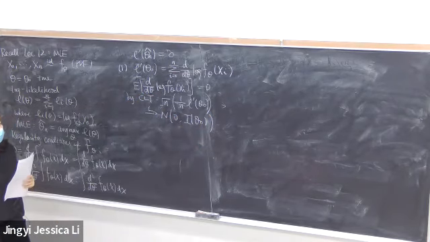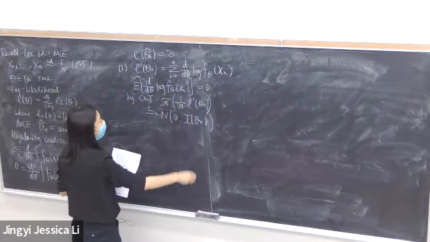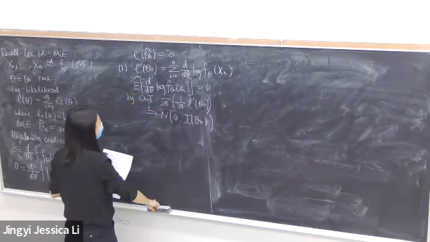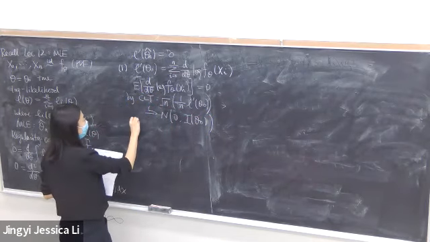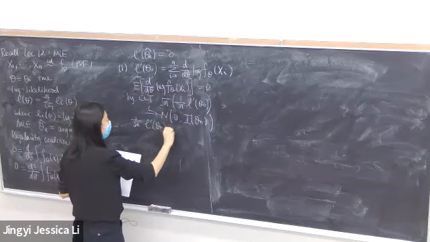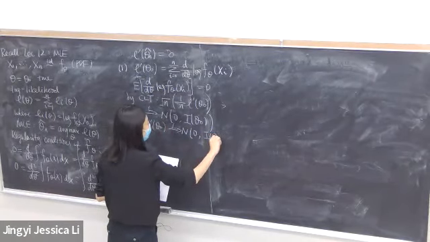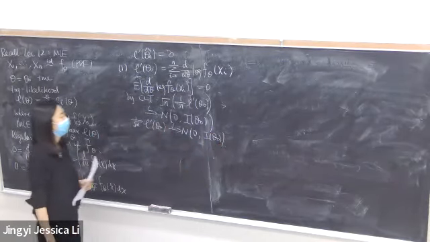This is the first result we have. And if I simplify this a little bit, I would just have 1 over root n times l prime theta 0 converges in law to a normal with 0 mean and Fisher information variance. That's the first result.